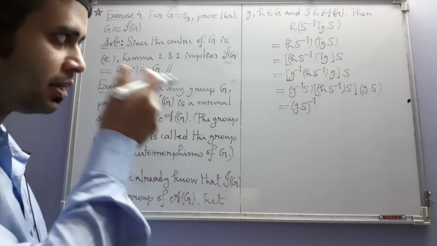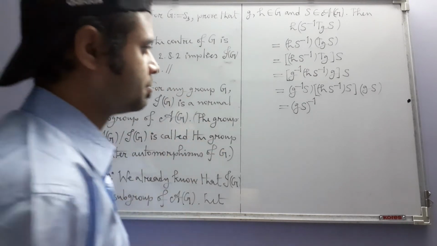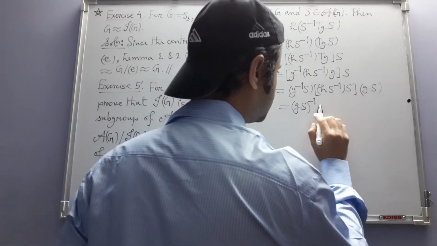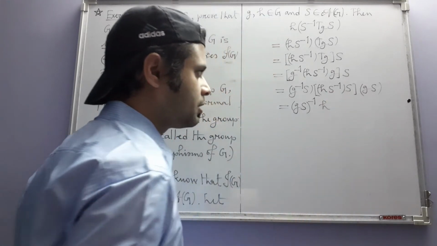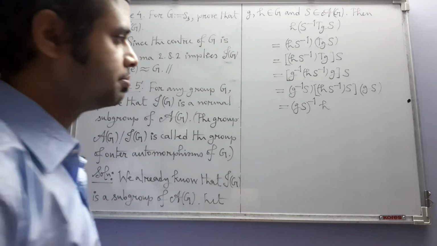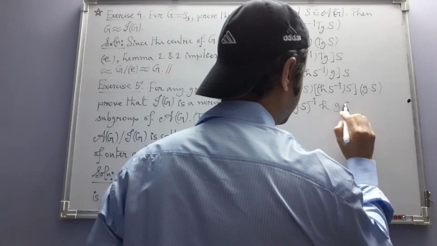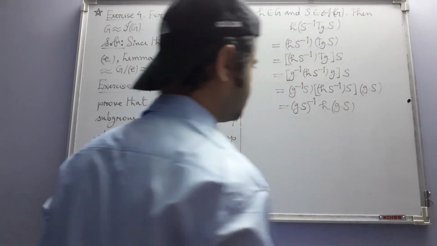From the elementary properties of a homomorphism, and this, if you see, will give us H, because S inverse S is the identity automorphism, so that is H, and we have GS here.